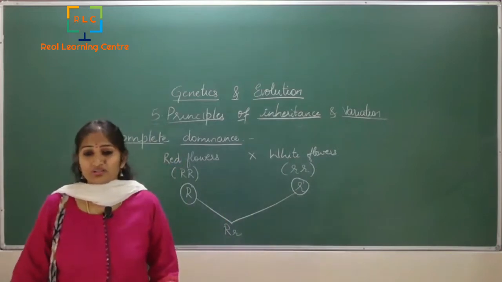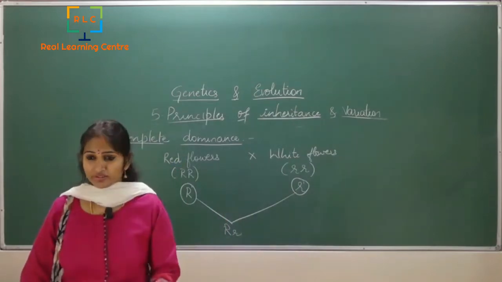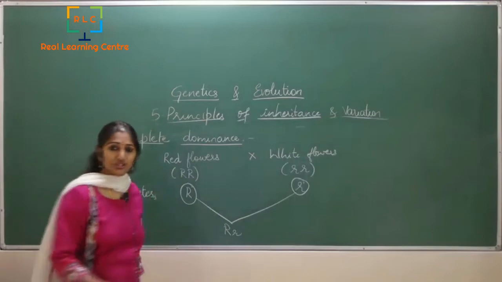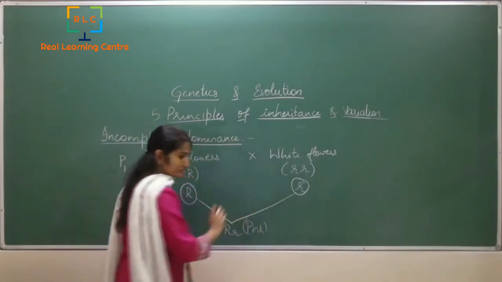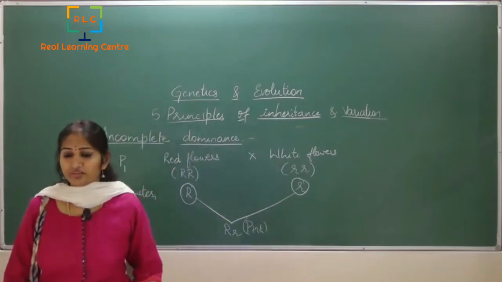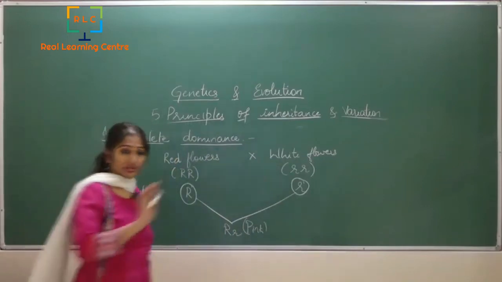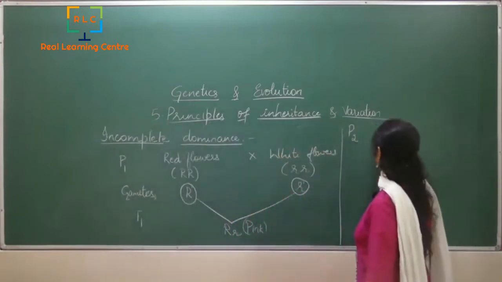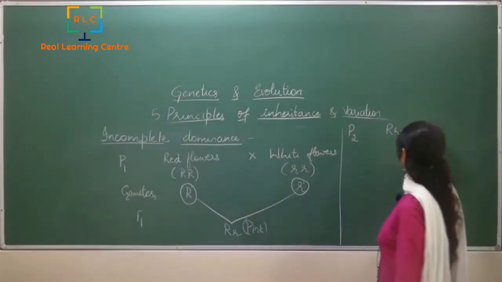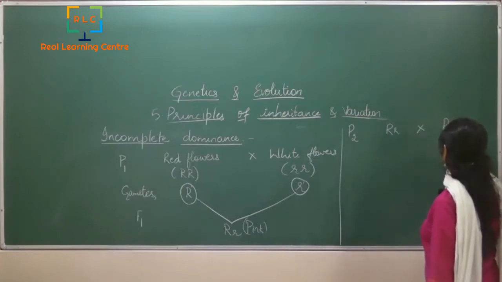Now capital R, small r is not white, it is not red colored flowers, but all these are pink colored flowers. Right?